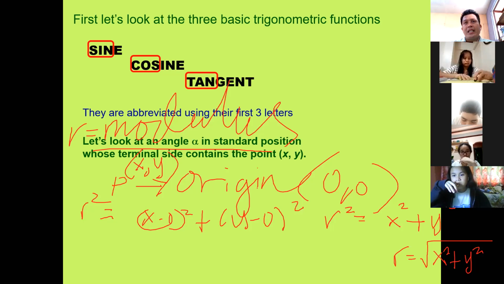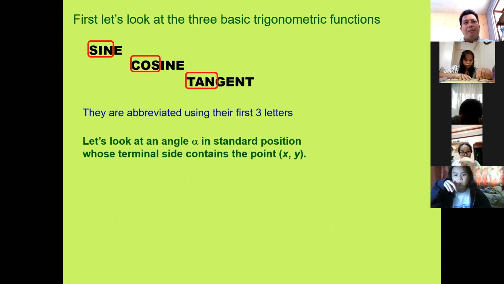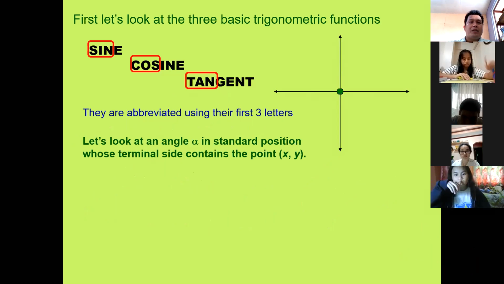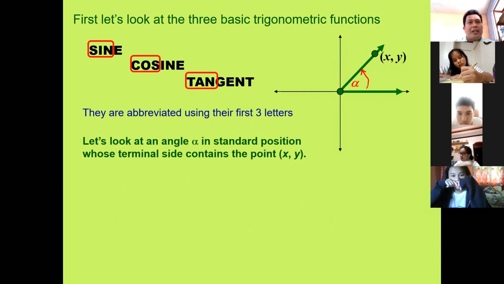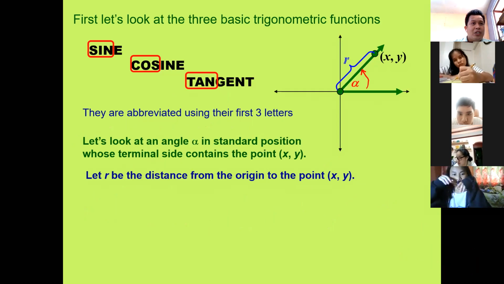In this structure, we have a point with the coordinates x and y. Alpha there is the angle in standard position. To find the distance of point P, with coordinates x and y, to the origin, we are simply finding the modulus of that said point. So let the modulus be r.